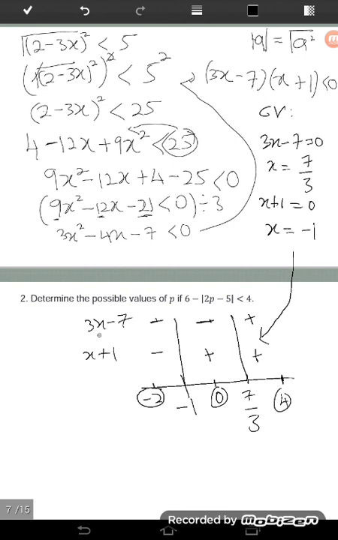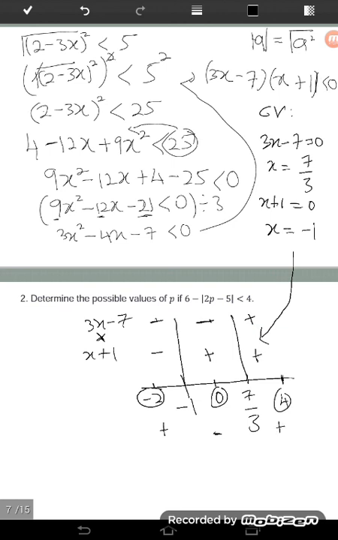Okay, so the relation of these two is multiplication. So darabkan. Negative times negative, we have positive. Negative times positive, we have negative. And positive times positive, we have positive.